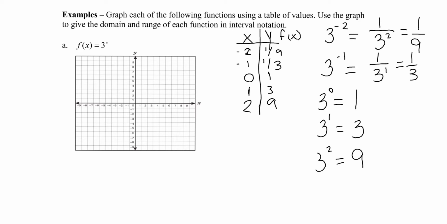Now that we have this, we're going to graph our ordered pairs. First we have negative 2 on the x-axis, and then 1/9, which is really small, so I'm just going to estimate it. That one is going to be hard to put on the graph. Then we have negative 1, 1/3, which is again more of an estimate.